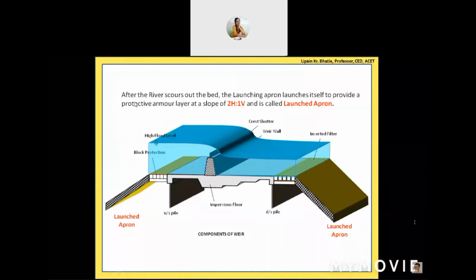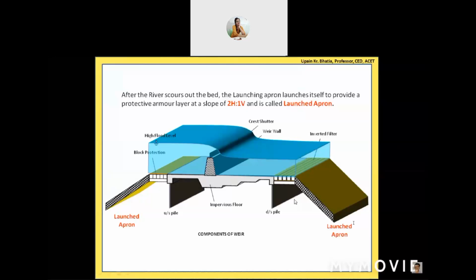So here we have one text line also, that after the river scours out the bed, the launching apron launches itself to provide a protective armor layer at the slope of 2 horizontal to 1 vertical, and is called launched apron. Okay, so the slope of this particular launched apron is 2 horizontal to 1 vertical.